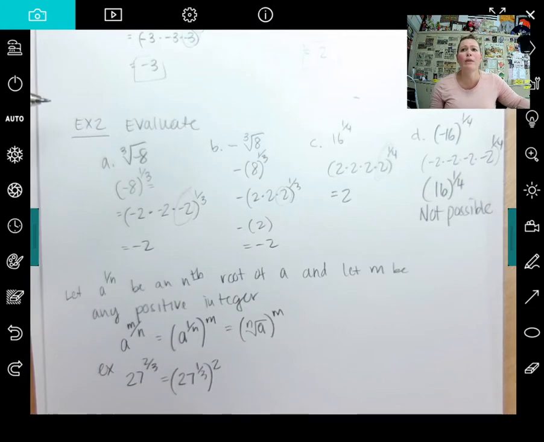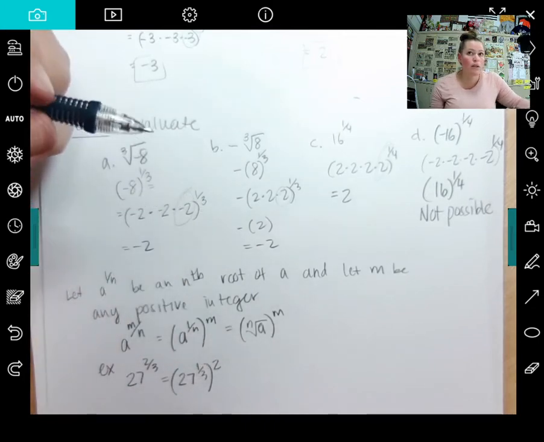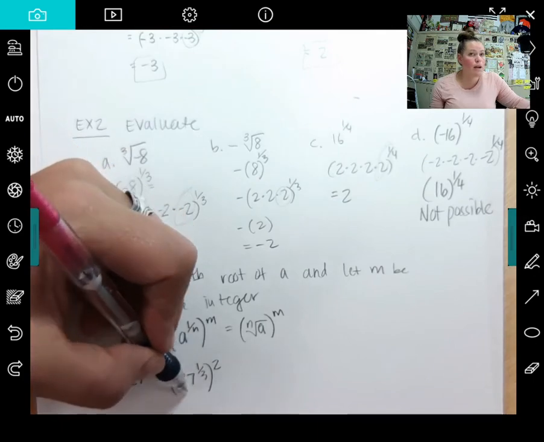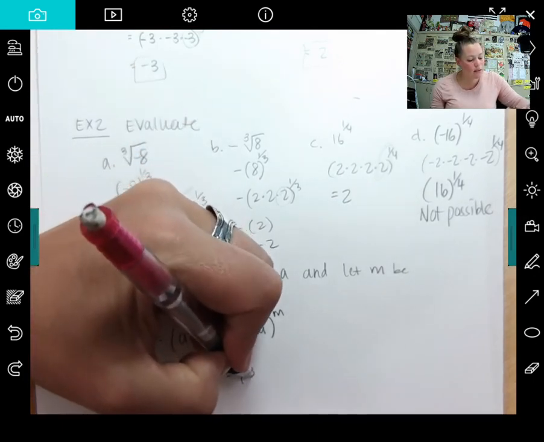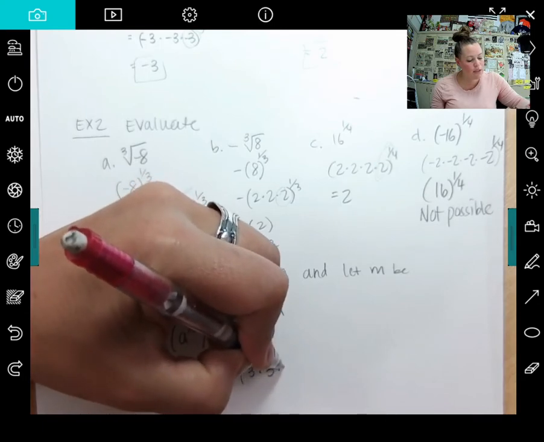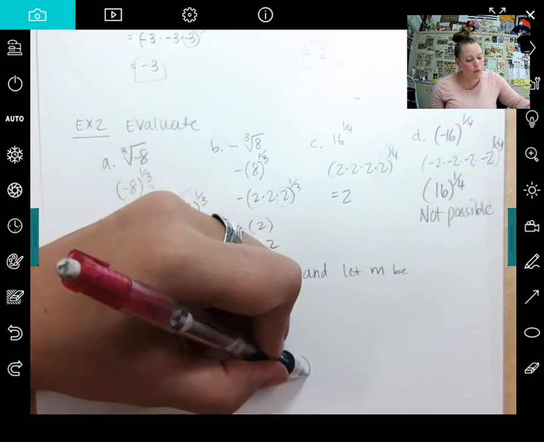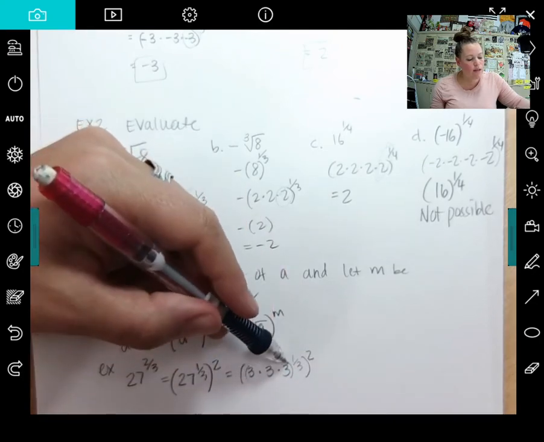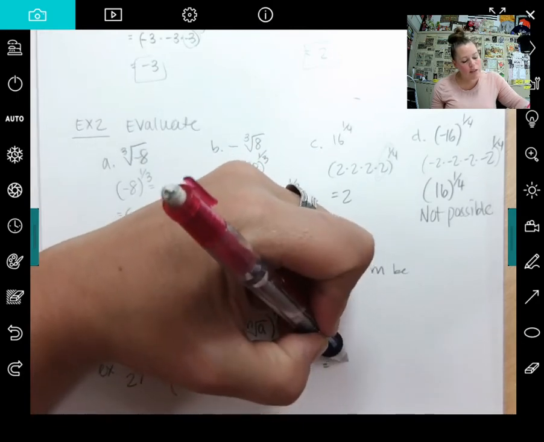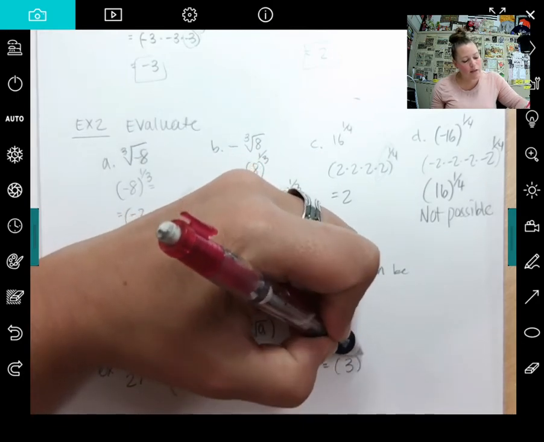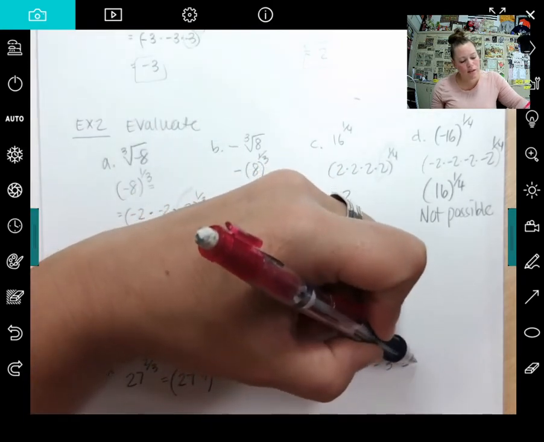So now from here, we are going to further separate it. What number times itself 3 times would give us 27? So 3 times 3 times 3. And we want 1/3 of that. So we take one of them, which would give us 3 squared. From here we can drop the parentheses. So 3 squared is 9.